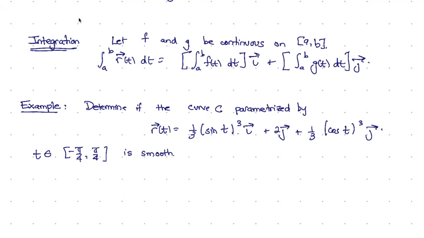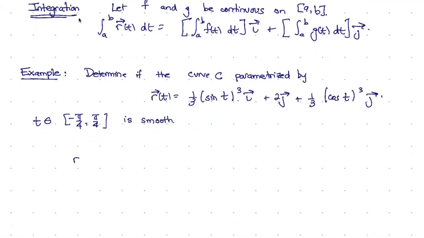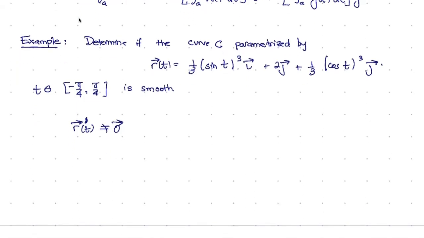In order for us to determine if it's differentiable, we have to determine where the derivatives of each of the functions of the curve are going to equal 0. That is to say, we have to prevent r prime from equaling the 0 vector. And so we necessarily are going to have to find r prime of t.